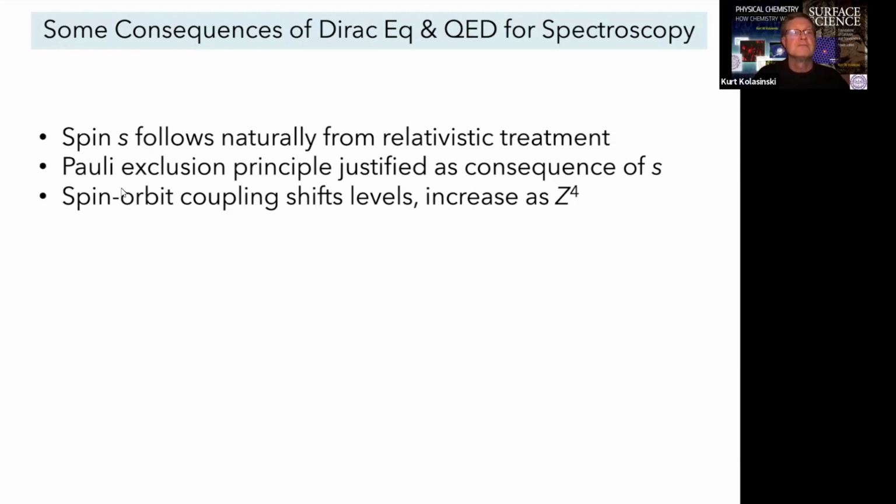It also introduces spin-orbit coupling because spin we can really understand as an intrinsic magnetic moment of the electron. It's another angular momentum, and angular momenta can couple. Here it couples. Spin-orbit coupling leads to shifts in levels, and it's going to become increasingly important as Z, the atomic number, increases.